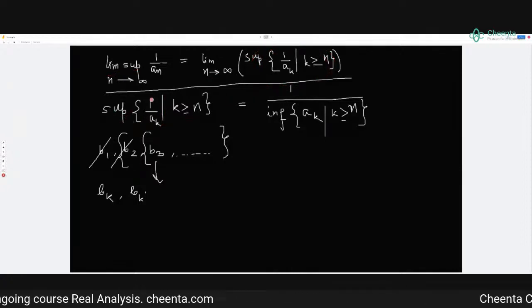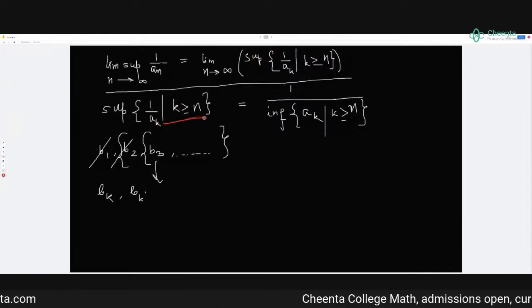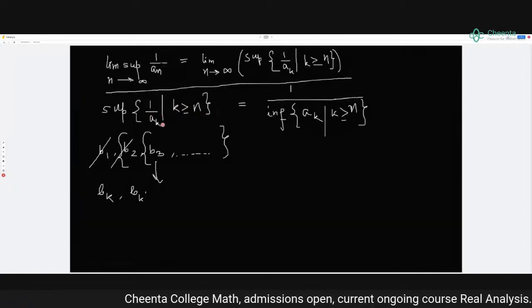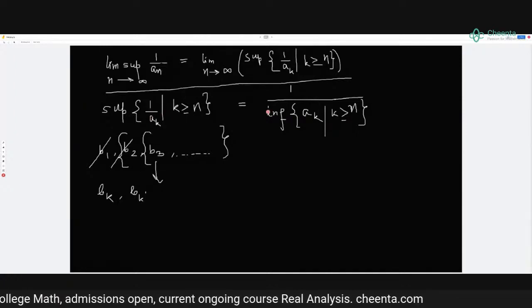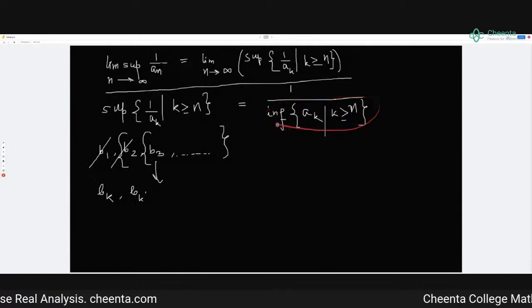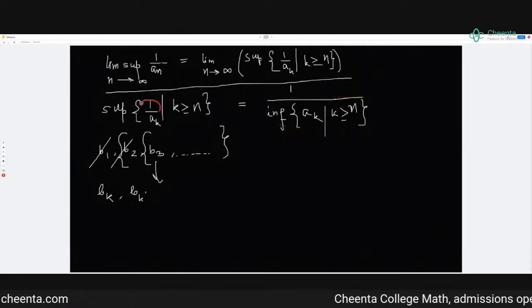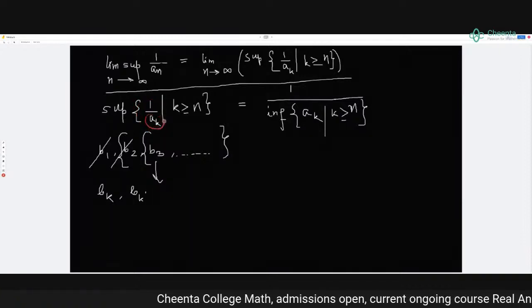That is the supremum of 1 by ak such that k is greater than or equal to n. Now, set theoretically, the supremum of these is practically 1 by the infimum of this set, because the larger 1 by ak grows, it means ak grows smaller.